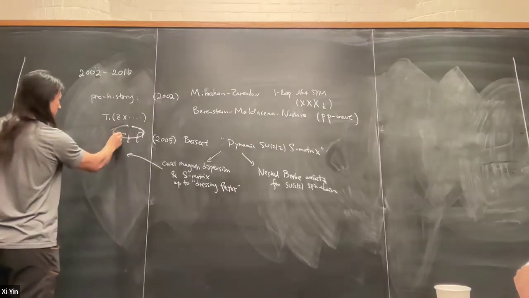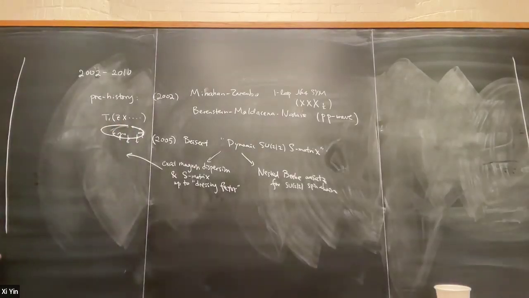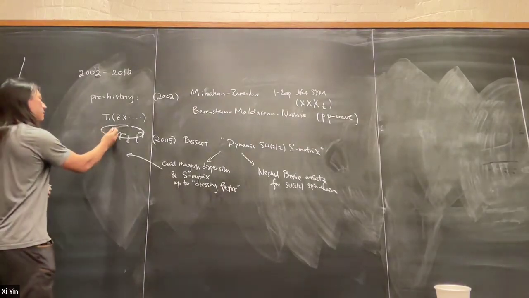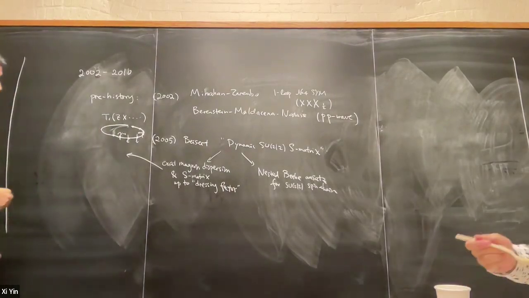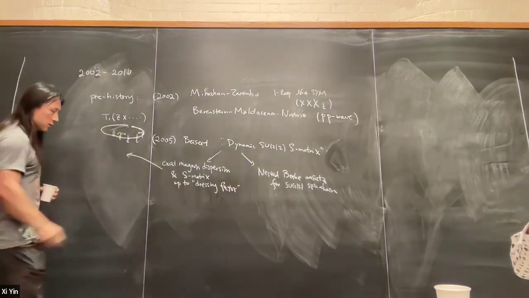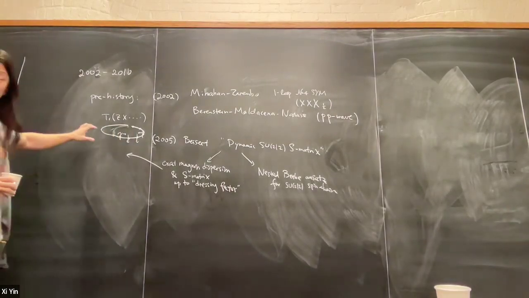In the regime where the chain is very long, we can describe the magnon asymptotic states. Don't worry if you have never seen this before, we'll come to the details momentarily. So one thing you can do is to analyze the dispersion relation of asymptotic states of the magnon and use it to try to extract information about the spectrum of the spin chain in the limit when it's very long.